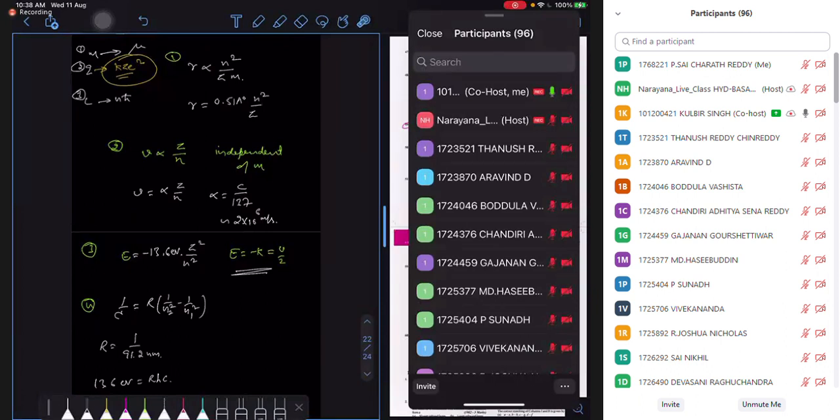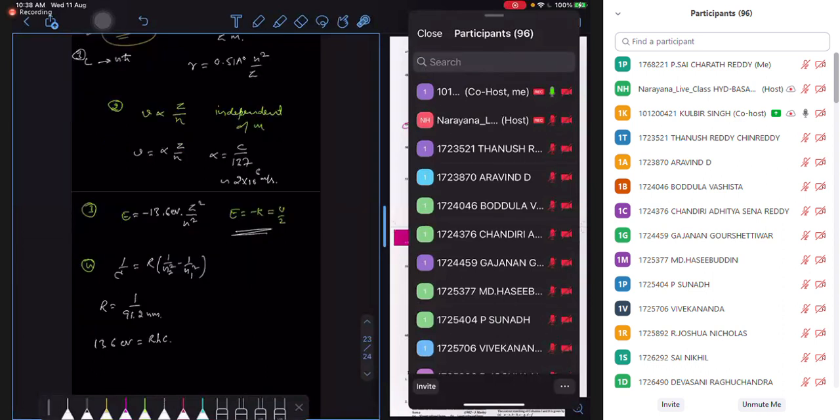Energy is half mv squares, so v is z by n, so my energy is z square by n squares, obviously. And the wavelength you can find out from the energy. We proved it yesterday, but if you remember this Rydberg constant relation, it is also useful.